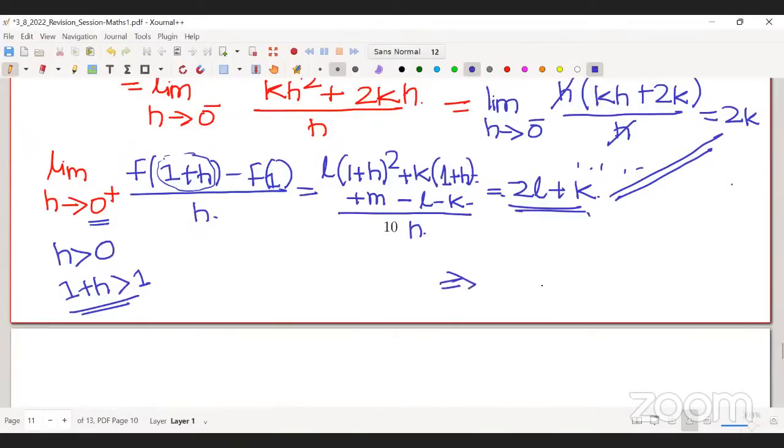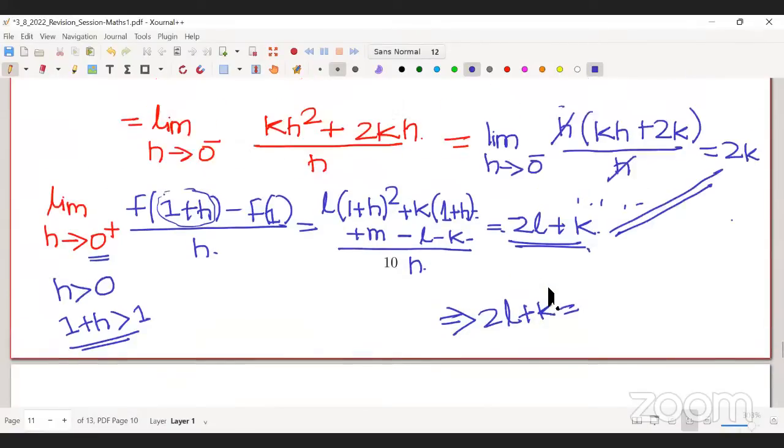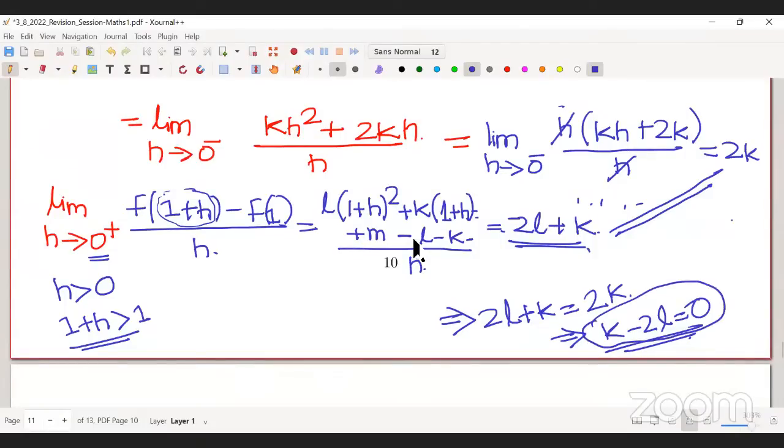So if 2L plus k is the same as 2k, then I can say that this function is differentiable at x equal to 1. This is the same as k equal to 2L, k minus 2L equal to 0. So from the differentiability, I got that k minus 2L is 0, correct?